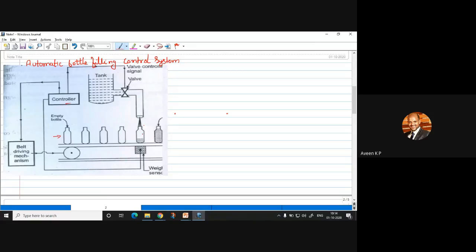Once it reaches the satisfactory level, the controller will move the drive so that the next empty bottle will come to the position. So this is a control system. We need to represent it in terms of a block diagram.